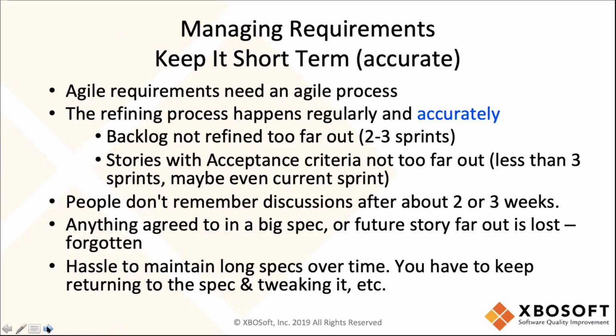You may have things that took longer than you thought, or you may gain knowledge about a feature that makes you think it through more deeply and add something onto it. So we encourage our clients to not plan out more than 2 or 3 sprints. After all, they're going to be changed anyway, so it's best to keep it short, working on one sprint and the next 1 or 2 sprints at a time.